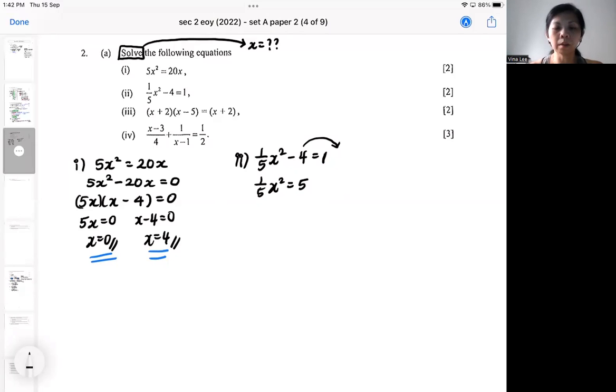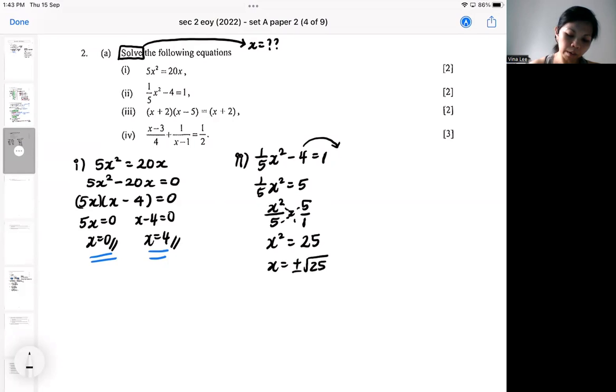Then from here, some people will get confused. And what do I do? So if you see a fraction in this way, you can actually go for cross multiplication. And from here, you can take a square root. And doing a square root will get you two answers, a positive answer or a negative answer.